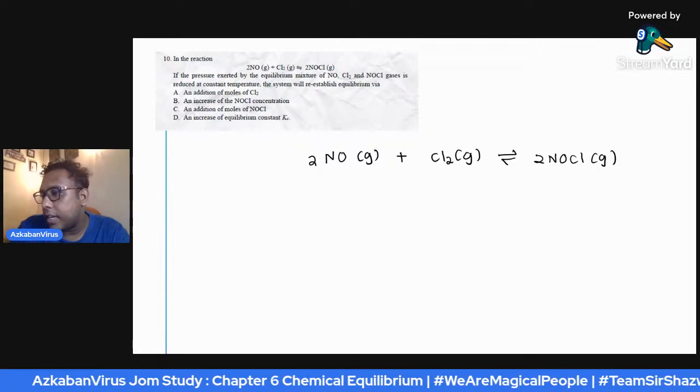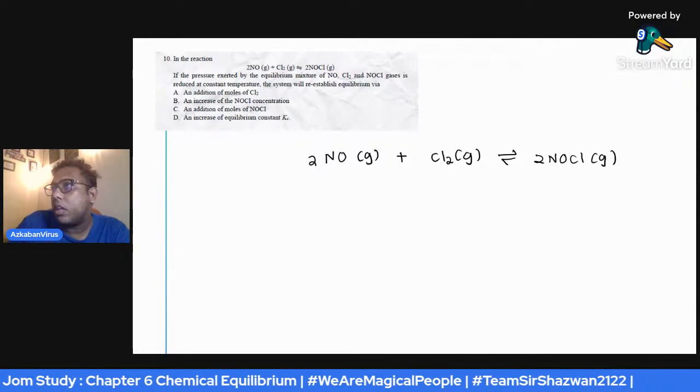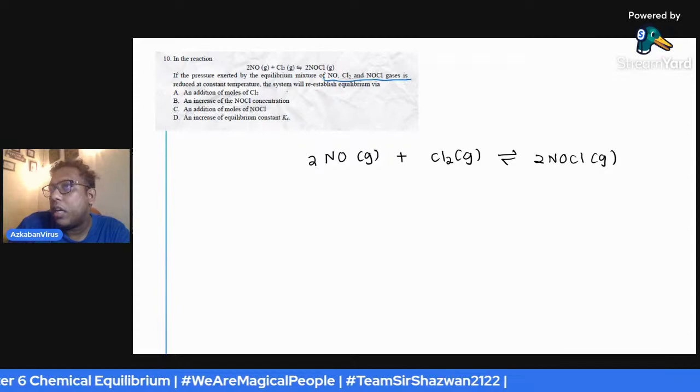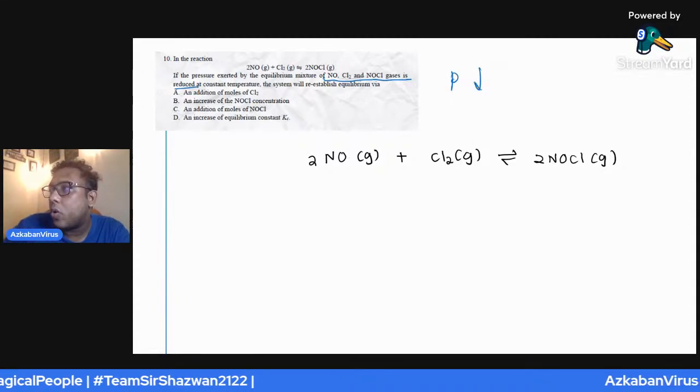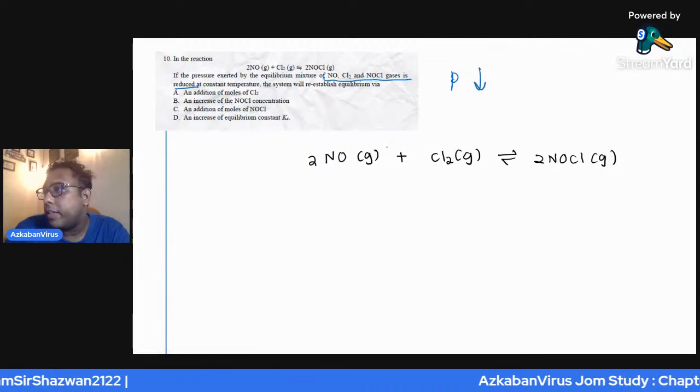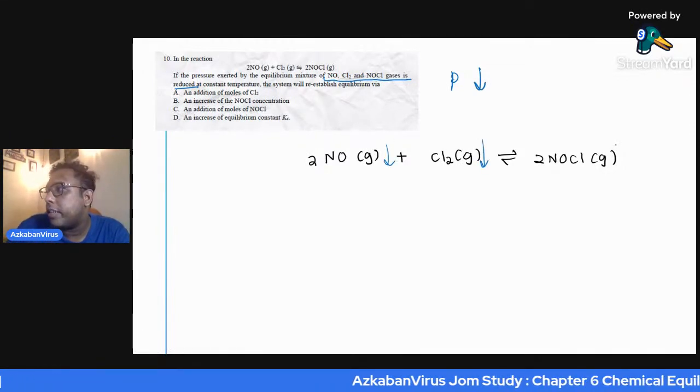Dia kata sekarang ni semua ni dia punya pressure dah kena kacau. Pressure dia jatuh. Okay, pressure ini jatuh, pressure ini jatuh, pressure ini jatuh.